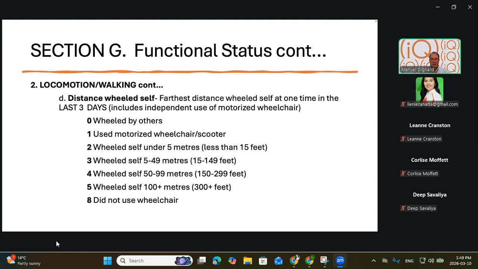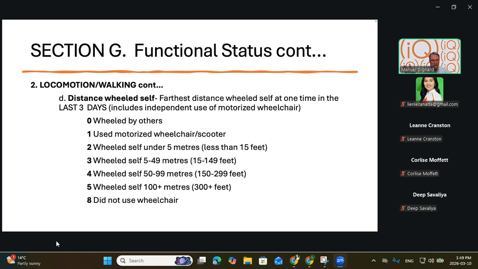Okay, just like the walking item, we're looking for the farthest distance of one episode. So we're not looking for the total distance throughout the day or multiple goes at it, and we're not going to combine the assisted with the unassisted.